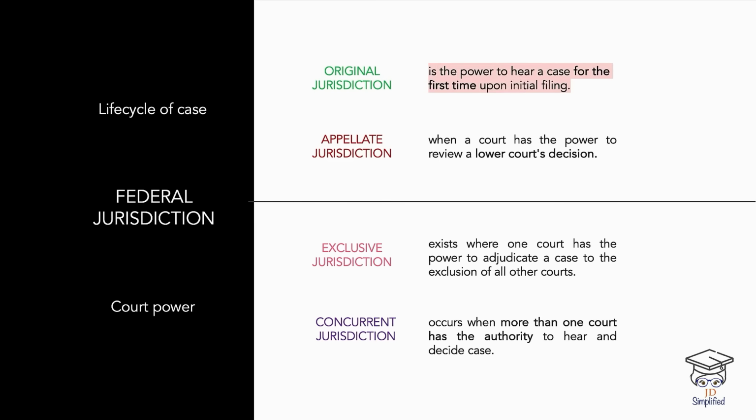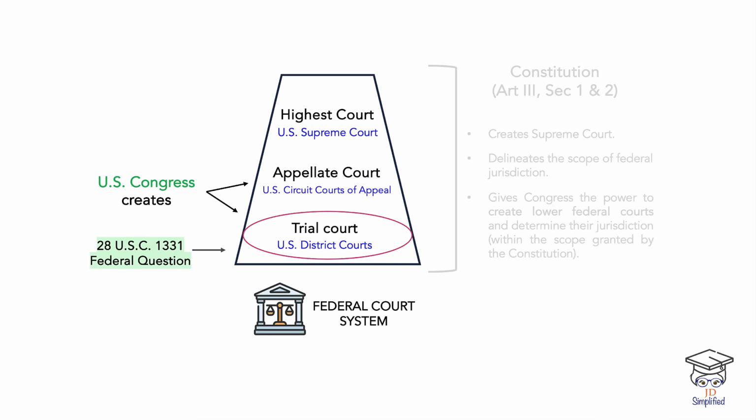Original jurisdiction is the ability to see a case for the first time. When you go to federal court, this is the first time a court's going to see your case, you go to the lowest court, right? Usually. As opposed to appellate jurisdiction, for example. Here's a quick cheat sheet on that. And for the context of this lesson, we're always analyzing original jurisdiction of the federal district court.